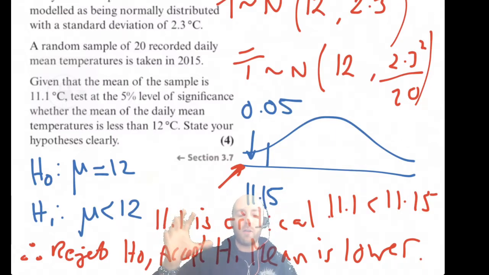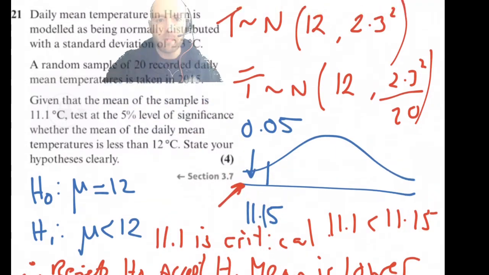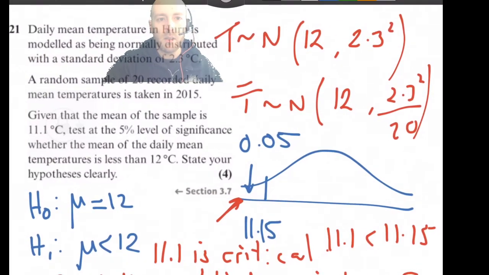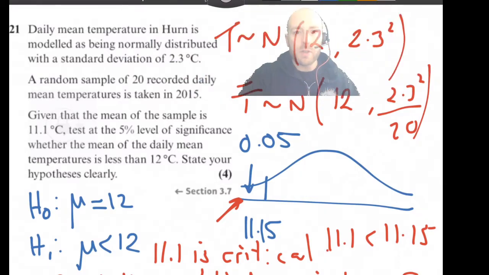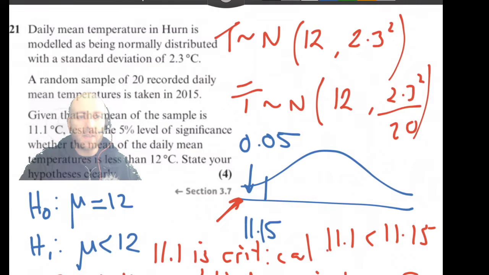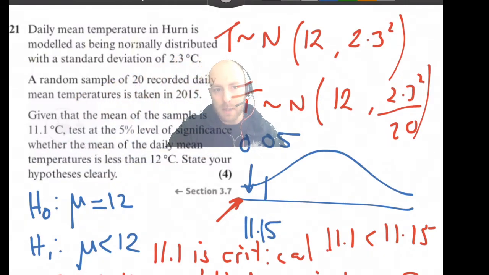So the whole thing is, you have a population. Here's your population up here. From the population, you take a sample. The sample mean is here. The sample mean should be part of this distribution, which is a distribution of sample means.